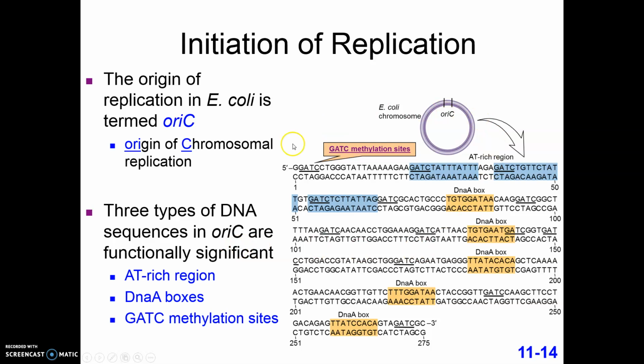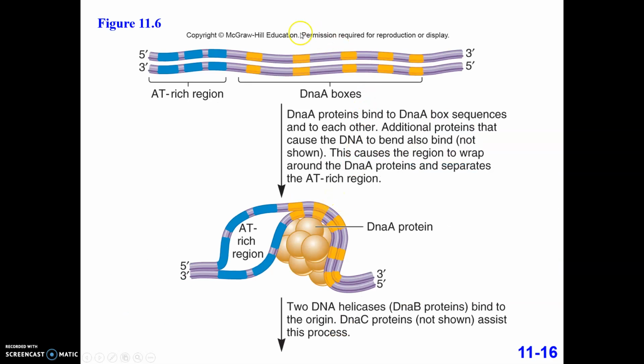How this all comes together to initiate replication is we have these regions present at the ORIC. The DNA A proteins will come in and start binding the DNA A boxes.